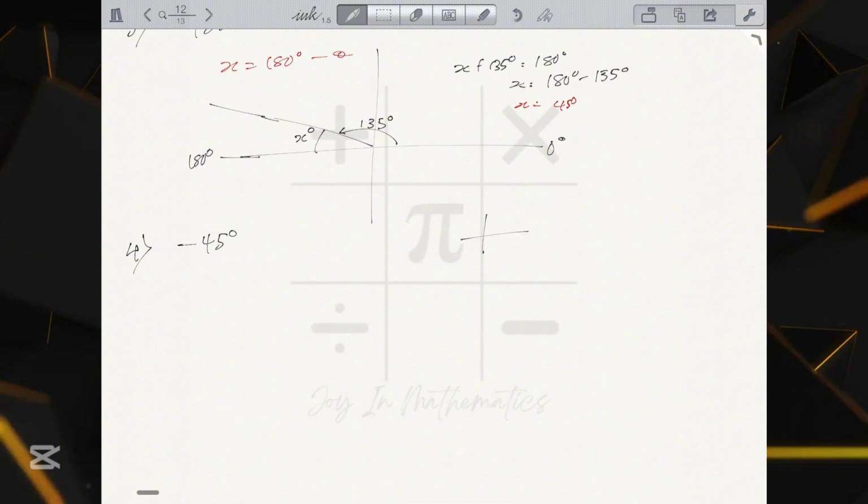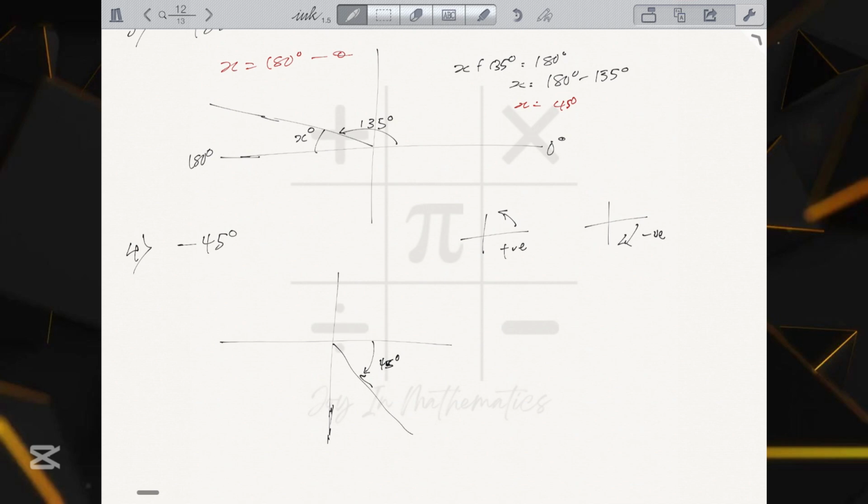We understand that a positive angle is anti-clockwise and a negative angle is clockwise. So in this vein, our negative 45 degrees is here. We have the direction already, so we have 45 degrees there.